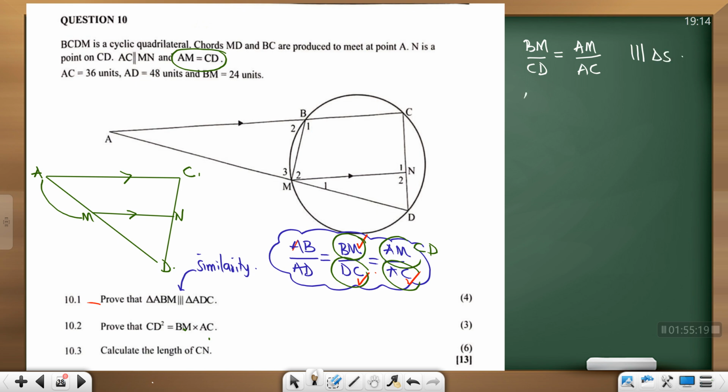Similar. But AM is the same as what? CD given. Therefore, BM over CD equals to what? CD over what? AC. Cross multiply. Can you see it's just the opposite now? AC multiplied by BM.